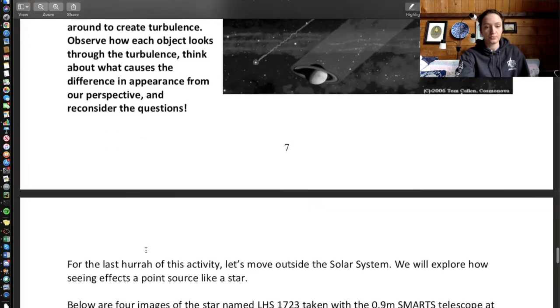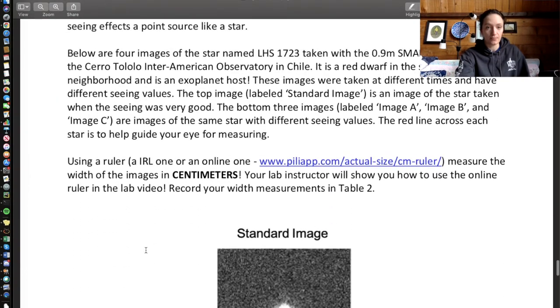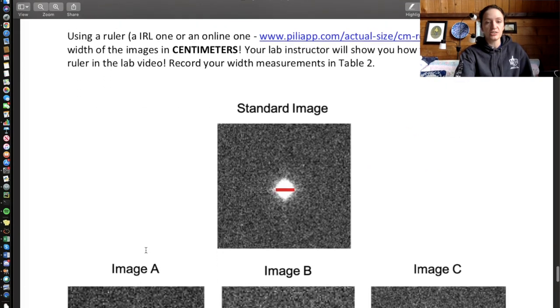So, moving on, we're going to move outside of our solar system, and you're going to try to measure the seeing of these objects. Here we've provided a link leading to an online ruler that we would like you to use. This ruler should automatically calibrate to whatever size your screen is.